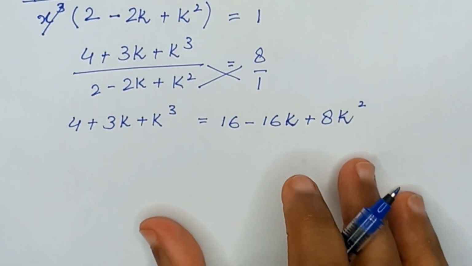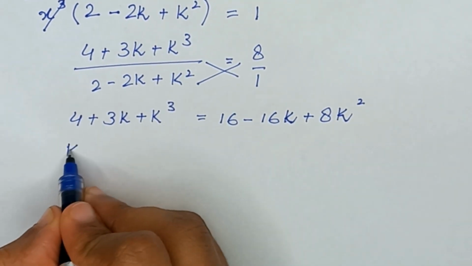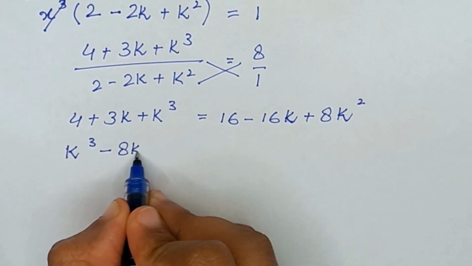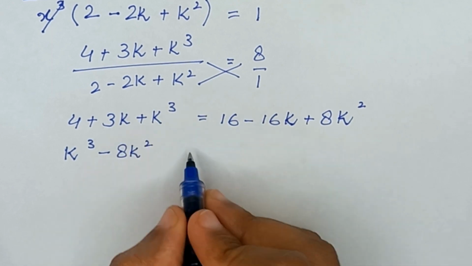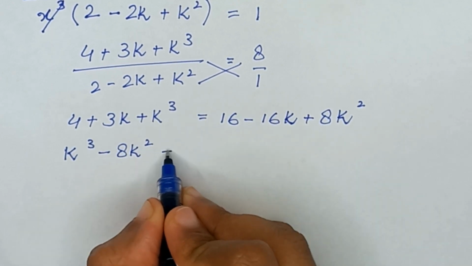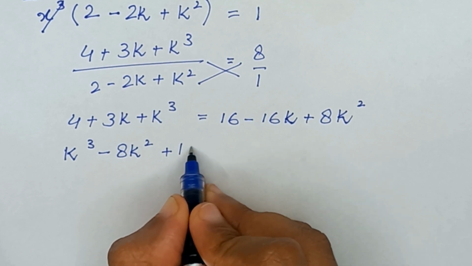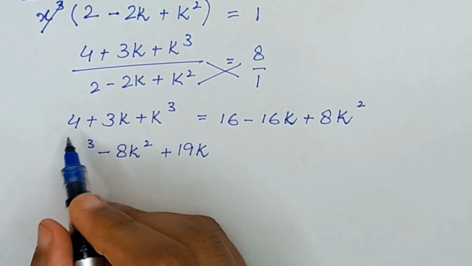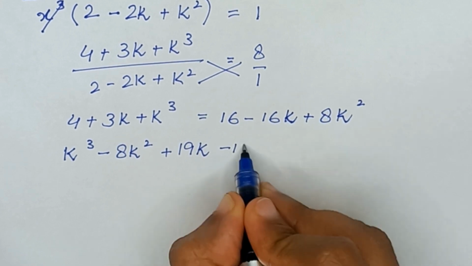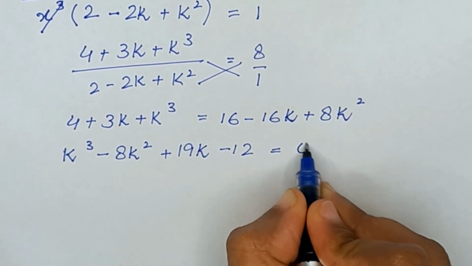Now rearrange this equation as k cubed minus 8k squared plus 19k, because 3k plus 16k is 19k, and 4 minus 16 is minus 12, and the whole equation is equal to 0.